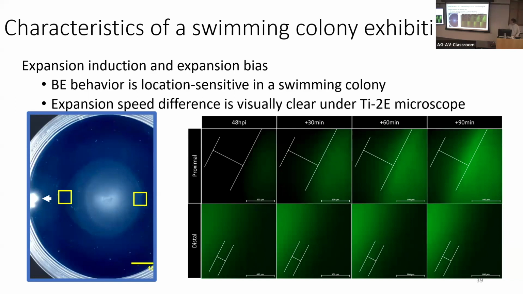The same is for the bottom. So the short of the story is over 90 minutes of observation, the proximal edge moved about 600 microns, whereas the distal edge moved less than 200 microns. So we're seeing that there is a movement difference here.